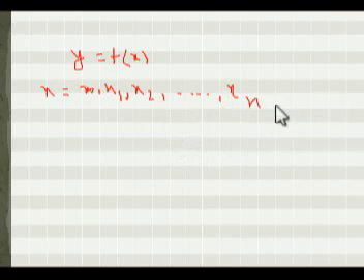So there are n plus 1 values of the independent variable given, and also the values of y, the dependent variable, are given.